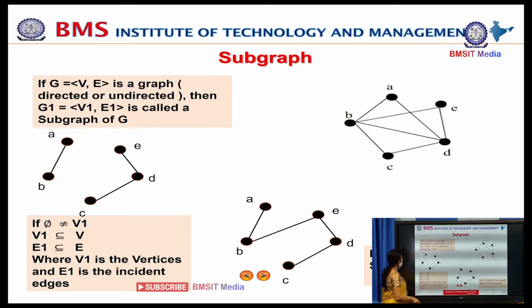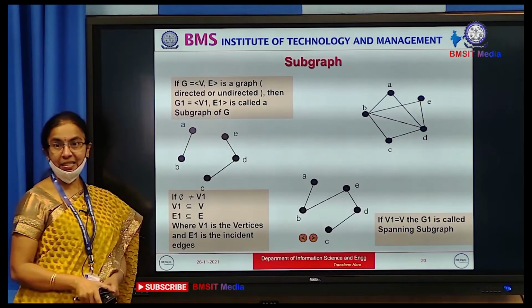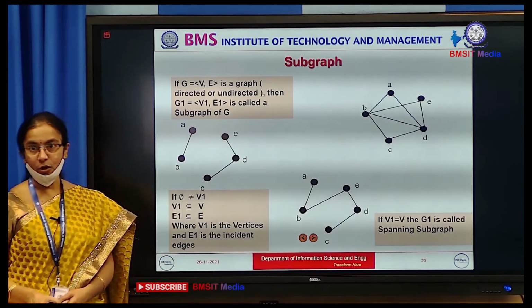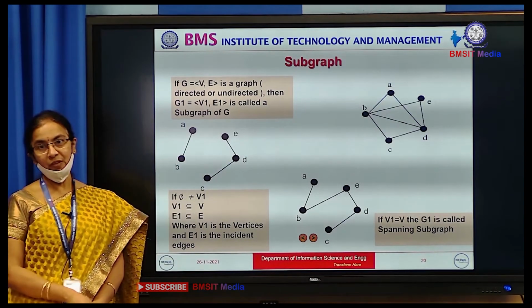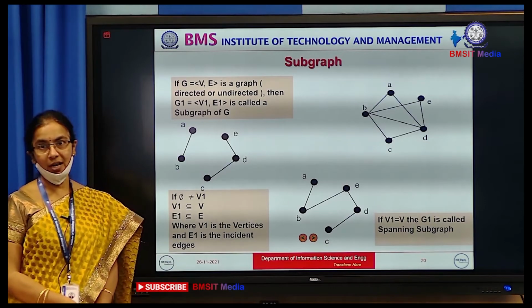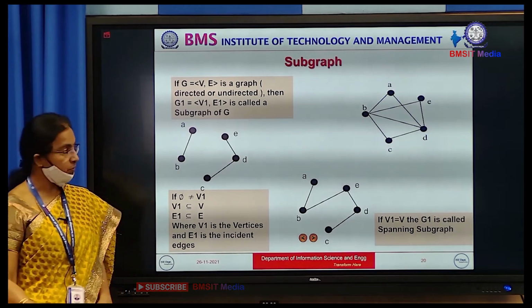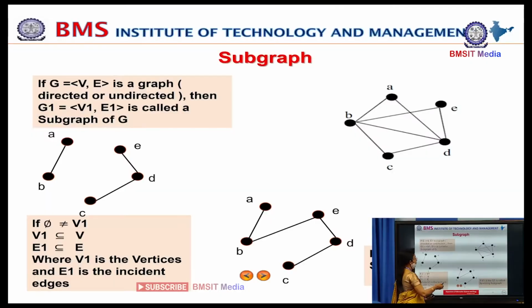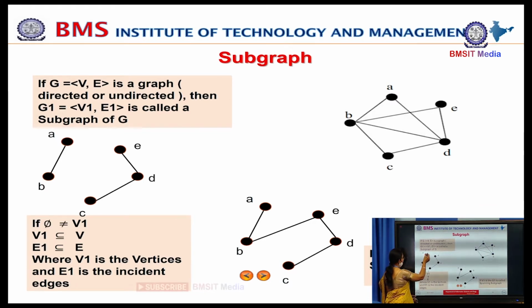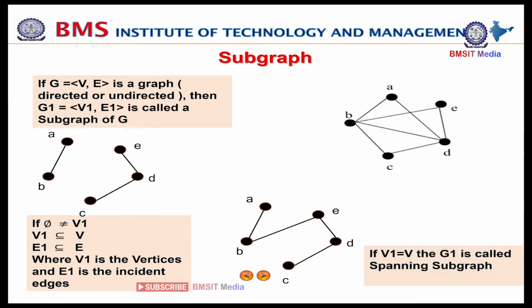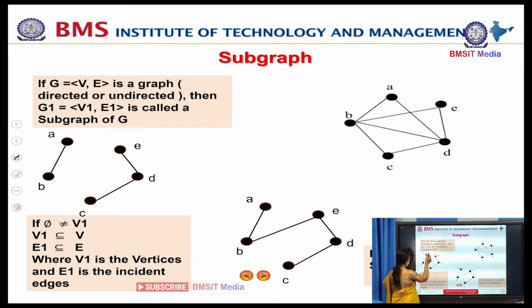So if G equals V comma E is a graph, directed or undirected, then G1 equals V1 comma E1 is called a subgraph of G. Here I have a graph G. This entire thing we call a graph. Now here I have taken only vertex A and vertex B. Vertex A and B forms a subgraph.